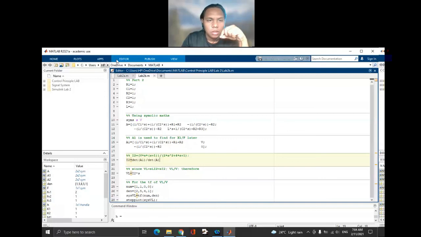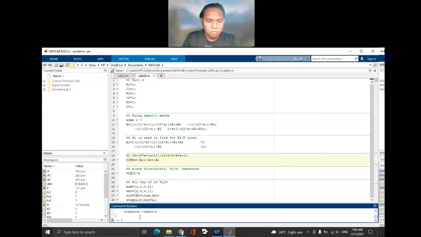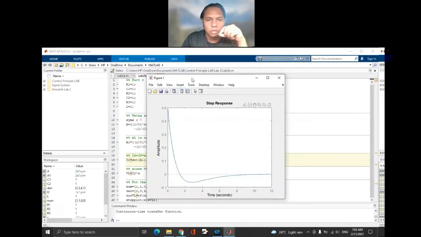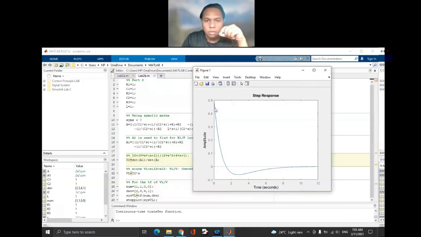Now let me try the second program. As you can see here, this is the result for the I2 output signal. That's all for today. Thank you.